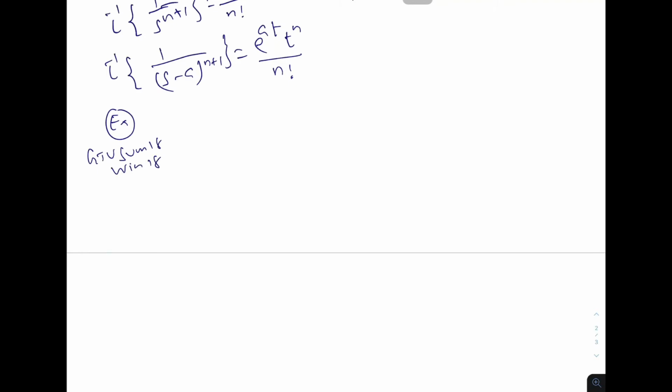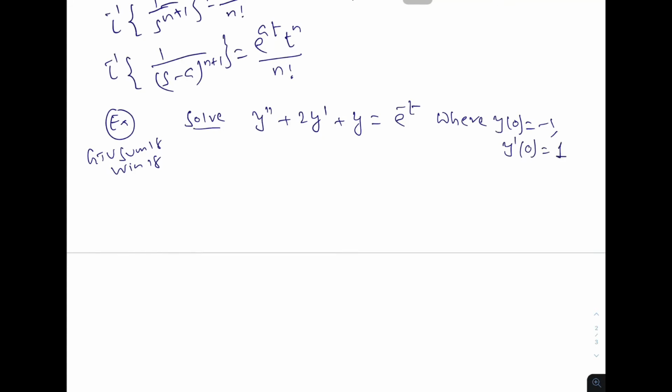The question is: solve y double dash, that means second order derivative, plus 2y dash plus y equal to e power minus t, where y at 0 equal to minus 1, y dash 0 equal to 1.